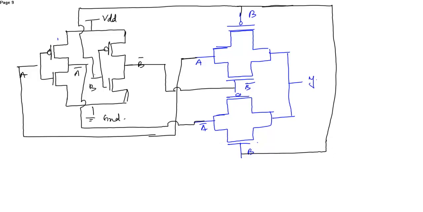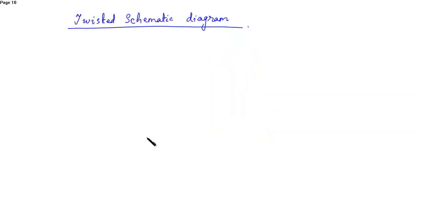Okay. So this is the normal schematic diagram. Now let's see the twisted schematic diagram. Now let's see the twisted schematic diagram of a 2-input XOR gate.